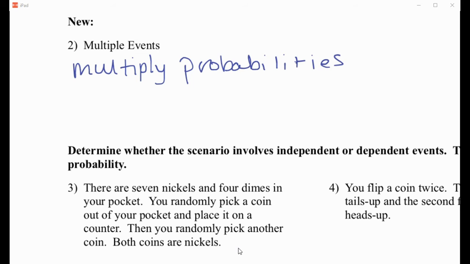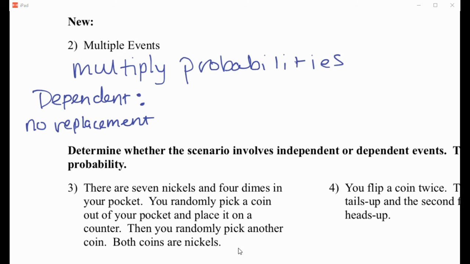The only thing is you have to be careful to pay attention to whether or not the two events are independent or dependent. If they are dependent, it means that something has changed. So no replacement is kind of what you're looking for.